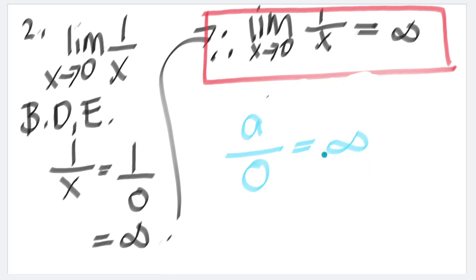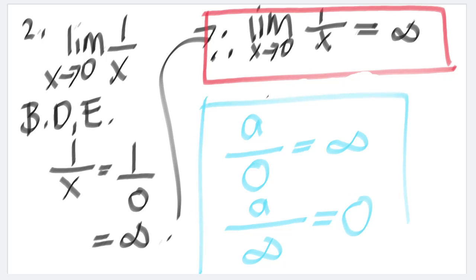The same with infinity: when a is divided by a relatively large number, that will yield a relatively small number, such that it approaches 0. So you must take note of this concept in calculus.